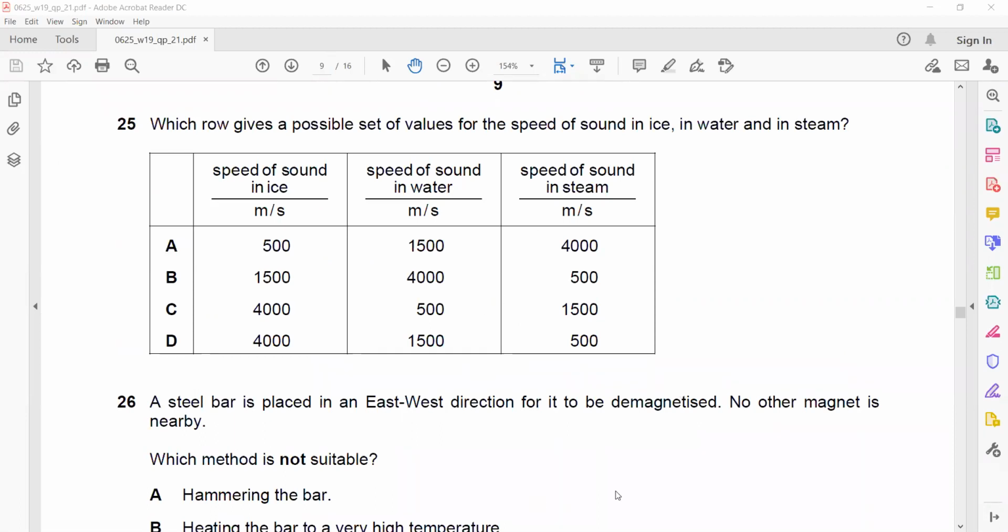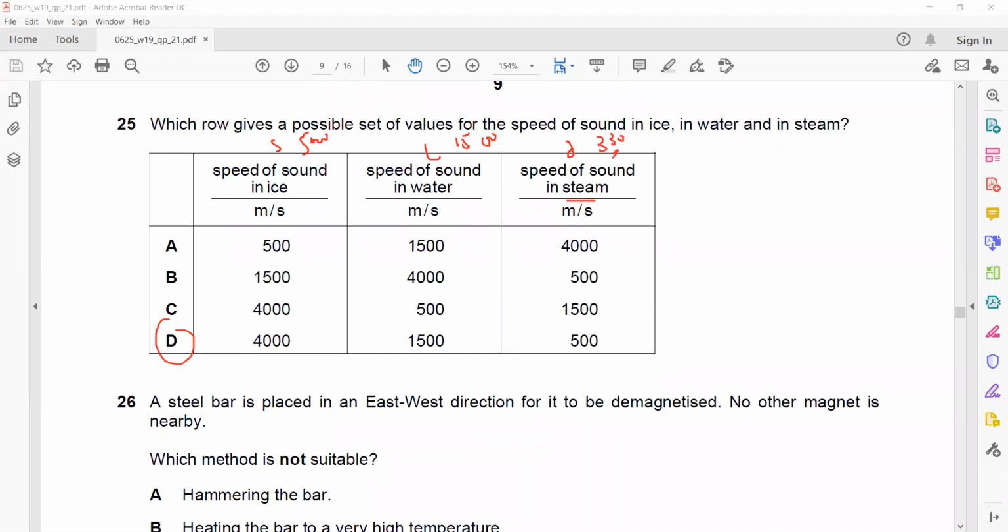25. This is solid, liquid, gas. So 25, D, because in solid the speed is about 5,000, so the value is closer to 5, liquid is about 1,500, and gas is about 330.